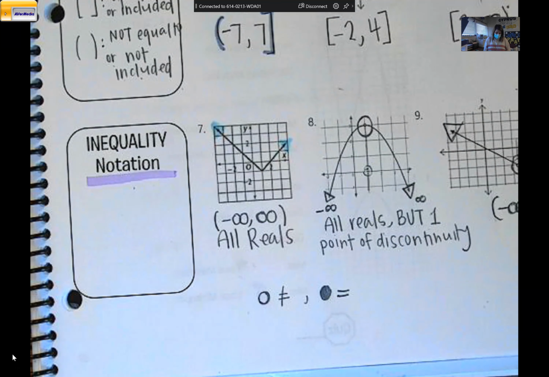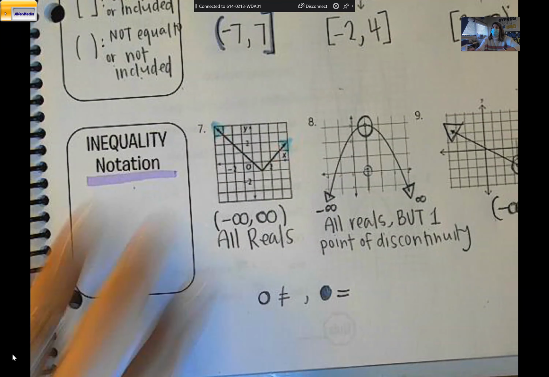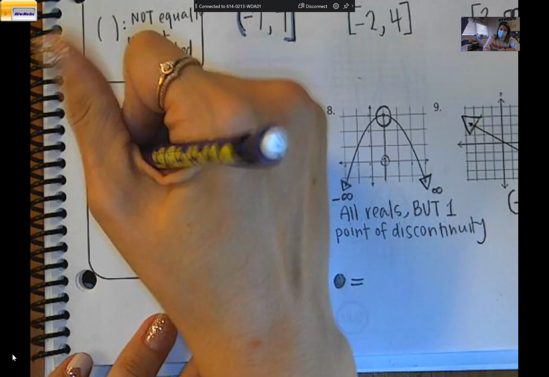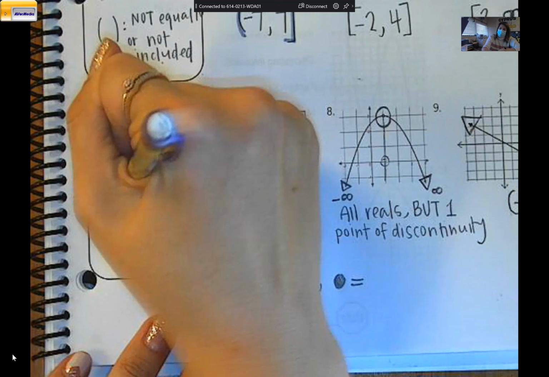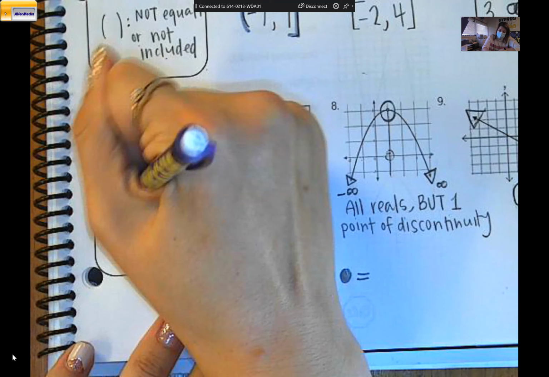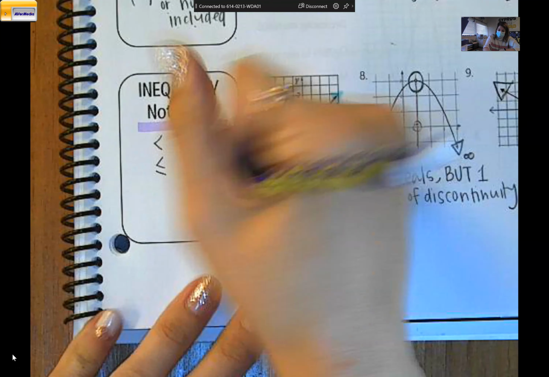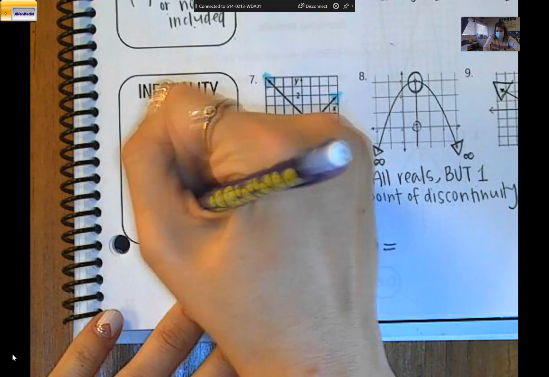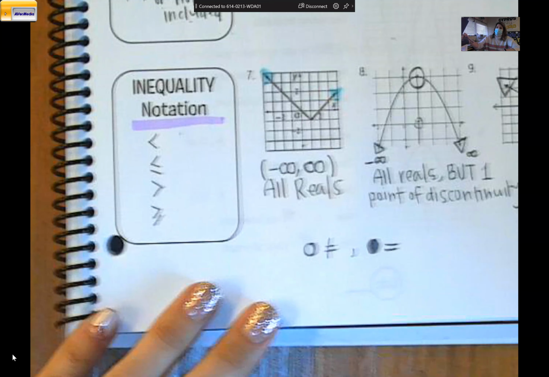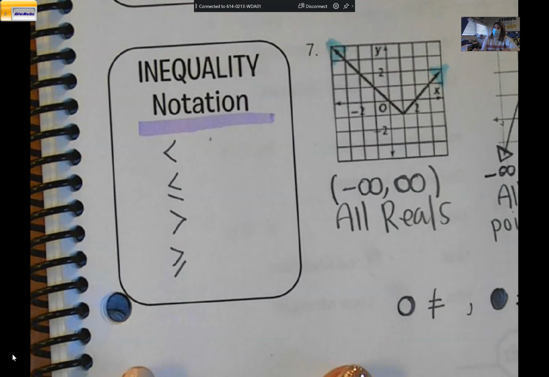Okay, so inequality notation is when you use things like less than or equal to, greater than or equal to. So what do these match up to?